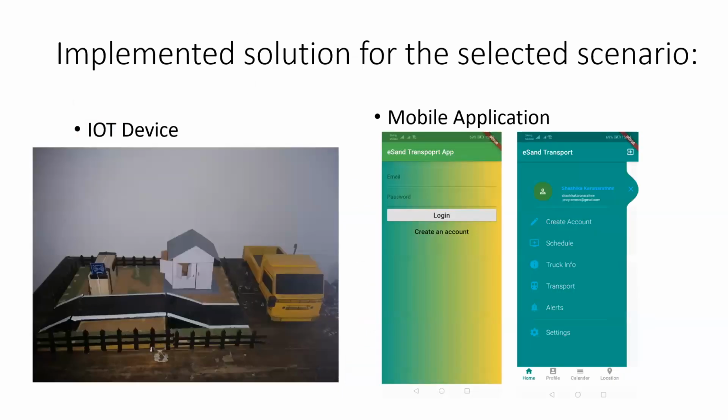For this research scenario, I have come up with two platforms, one for the IoT device and one for the mobile application. In the mobile application, I have added different features. Apart from the main key features, the sand truck owner is capable of adding his data as sand truck owner details, changing the scheduling, updating their account, checking transport, and sometimes getting alerts as well.